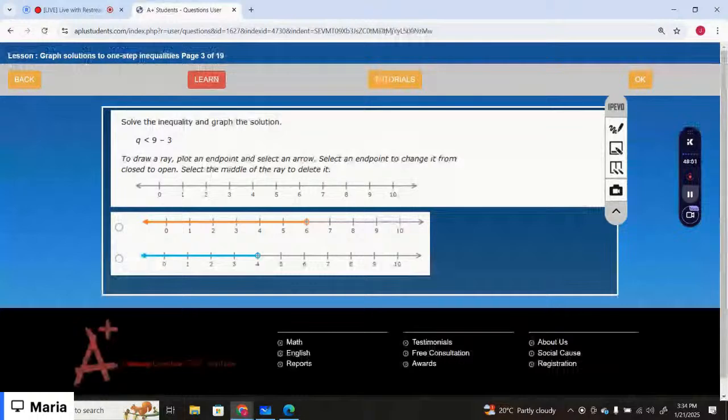Solve the inequality and graph the solution. Q is less than 9 minus 3. So which is the correct option? Nine minus 3 is 6.